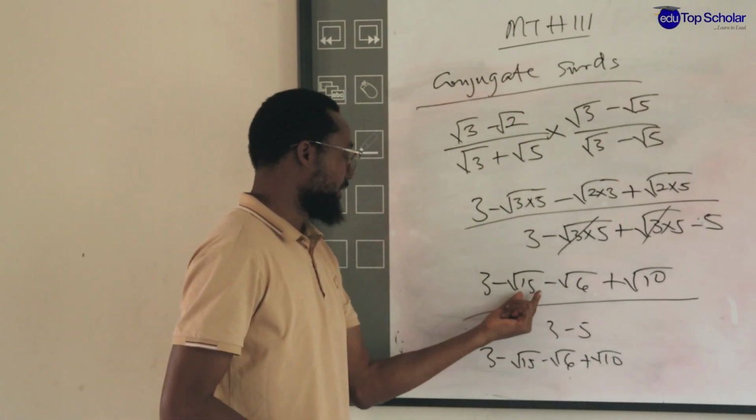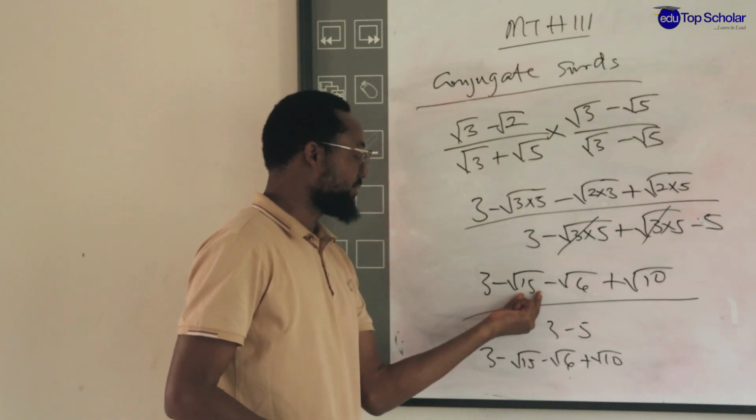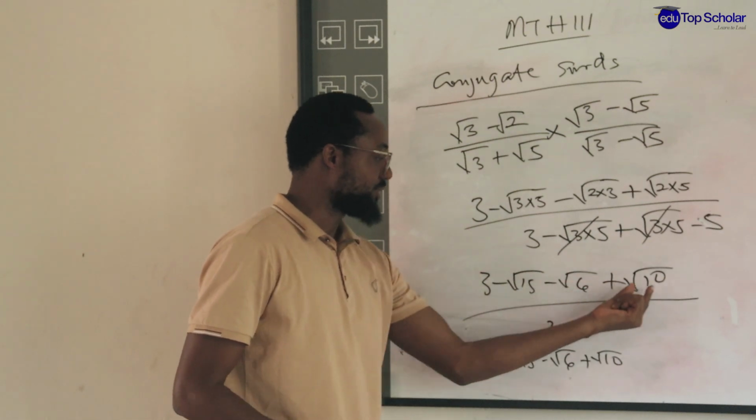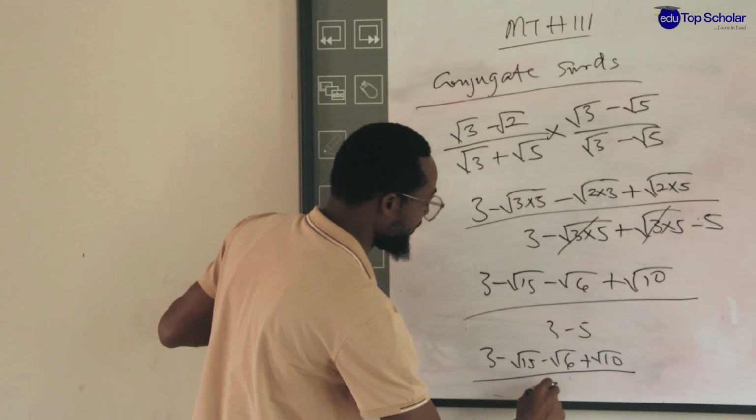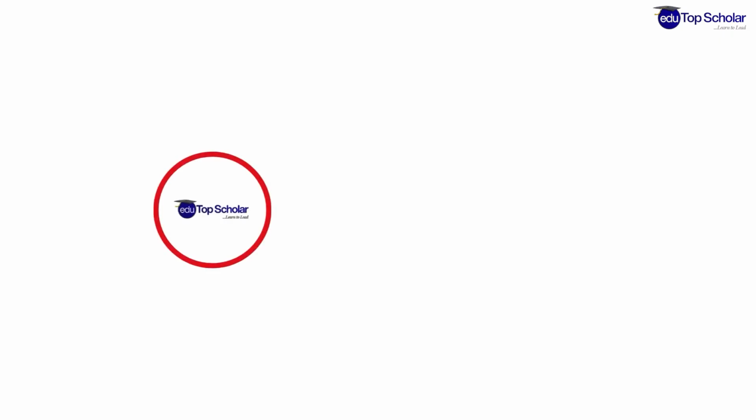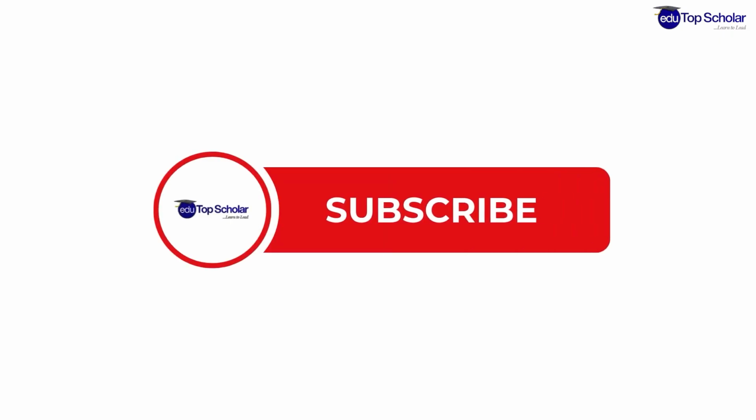If we want to reduce this, there's nothing we can reduce root 15 to. This is not reducible, and this is equally not reducible. So we leave the answer like that, over minus 2, which will be our answer.